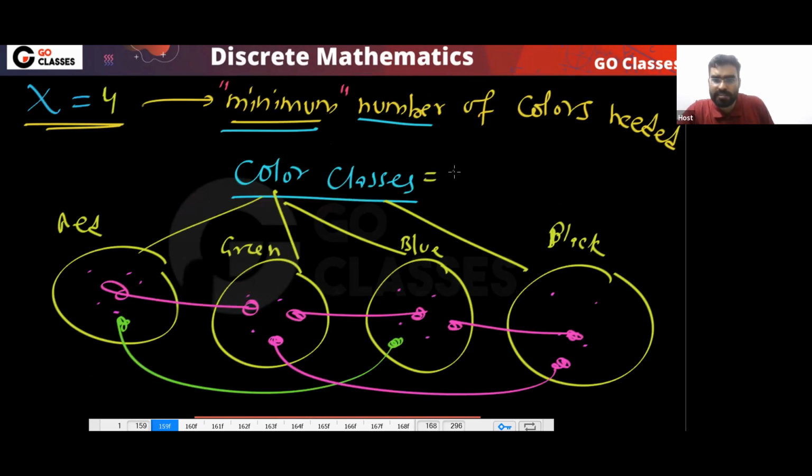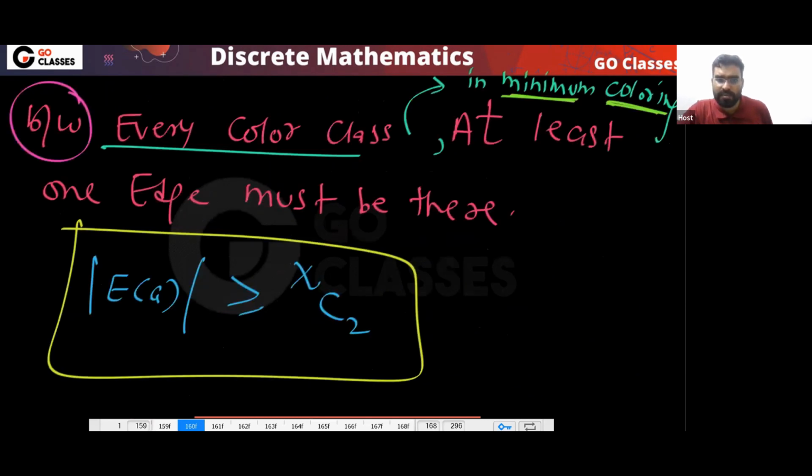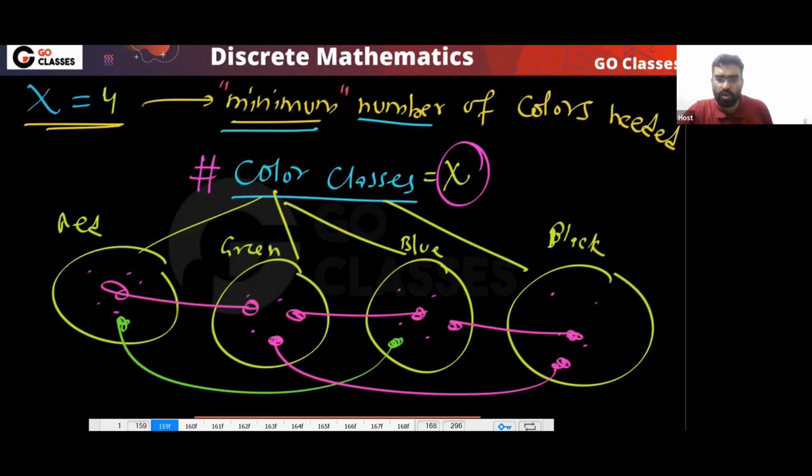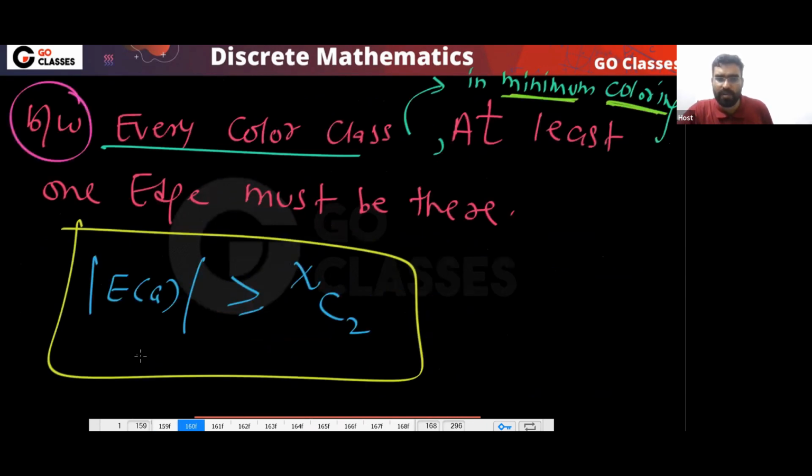The chromatic number is equal to the number of color classes, so the number of color classes will be zeta. And between every two color classes, you must have at least one edge. So minimum these many edges will be there.